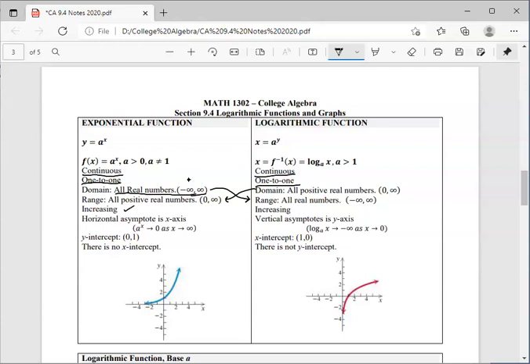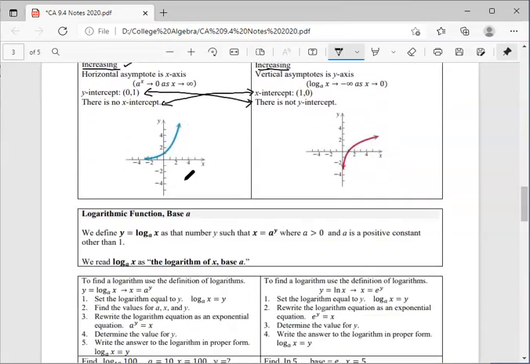They're both increasing, so that stays the same. These are opposite. This one has a horizontal asymptote, the x-axis, and this one has a vertical asymptote, the y-axis. And this is kind of weird. This one has a y-intercept but no x-intercept, and this one has an x-intercept but no y-intercept. So that part's opposite of each other. If you're just comparing the two functions, some things are directly opposite of what would happen to the other one.